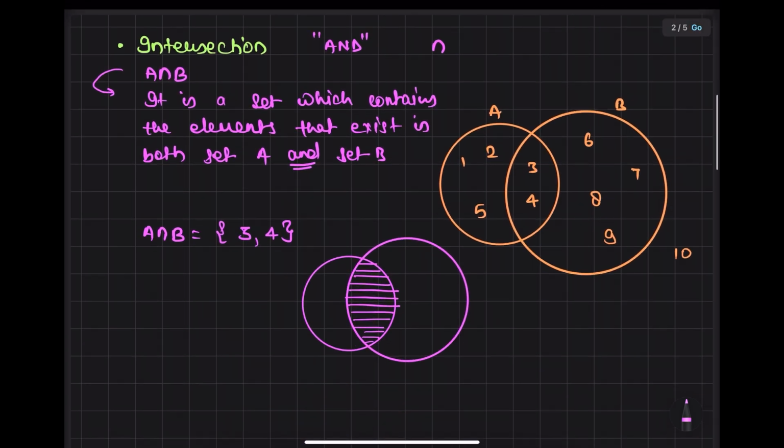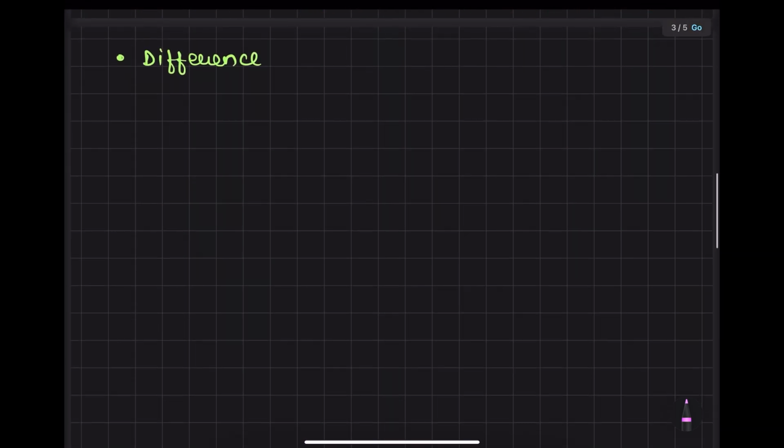Okay. Now let's move on to the next part, difference. In the difference, we will talk about A minus B or B minus A. Okay. So what we have to do, be super slow and observe.